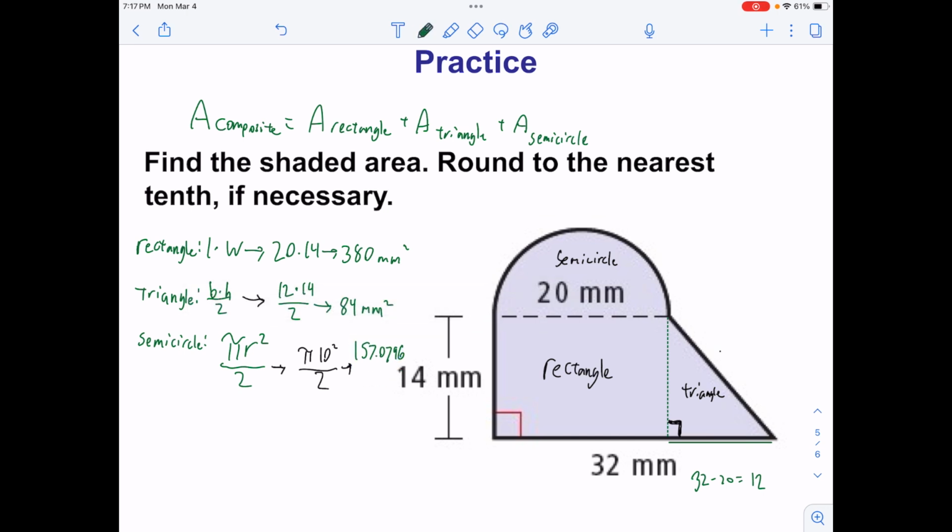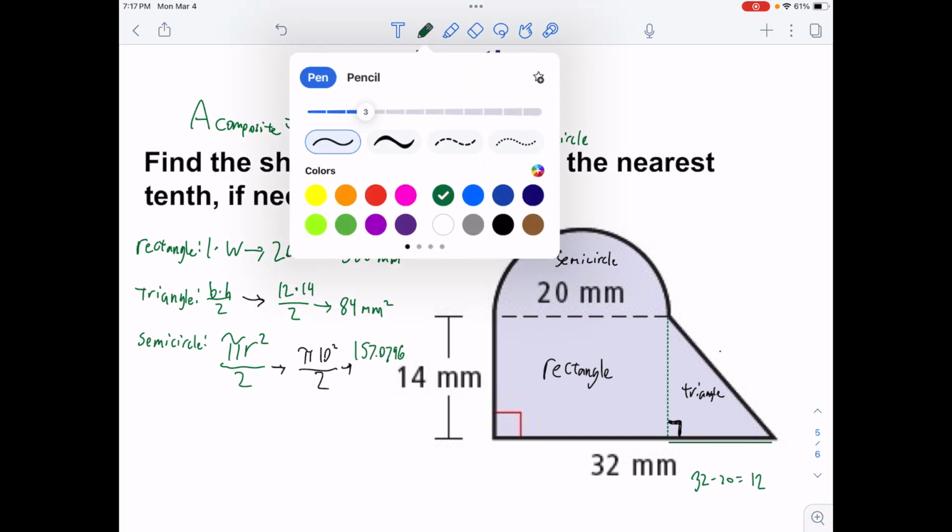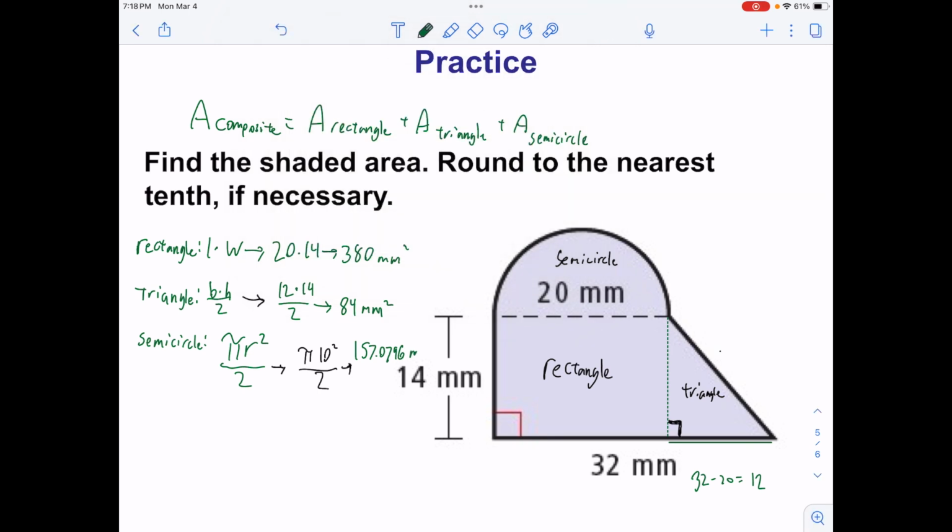I'm going to use 4 decimal spots for right now. So 157.0796 millimeters squared.